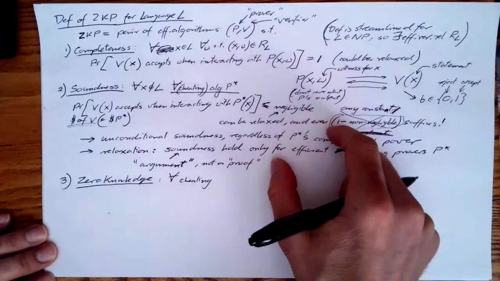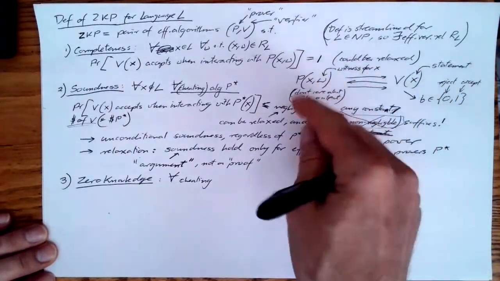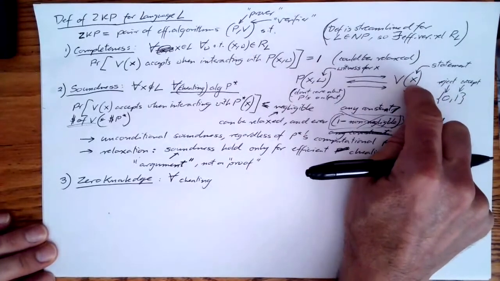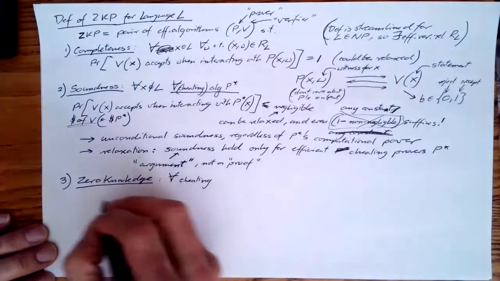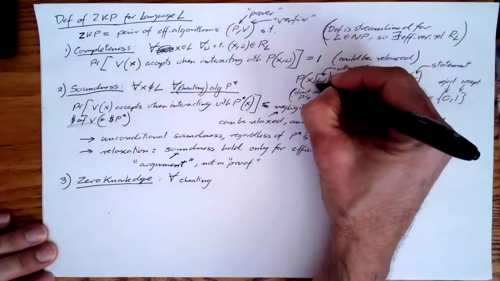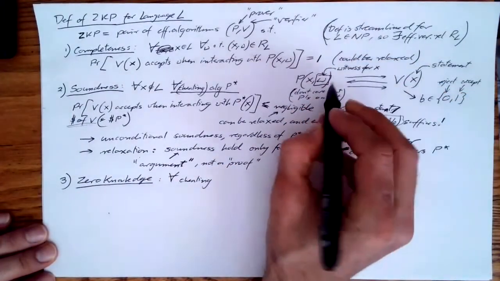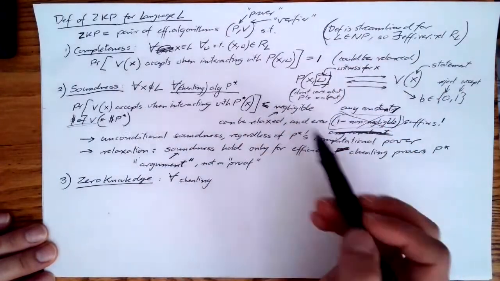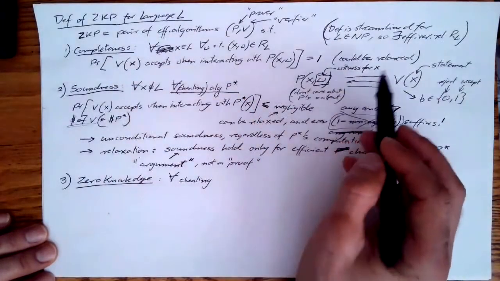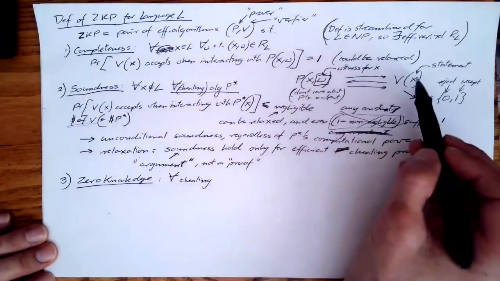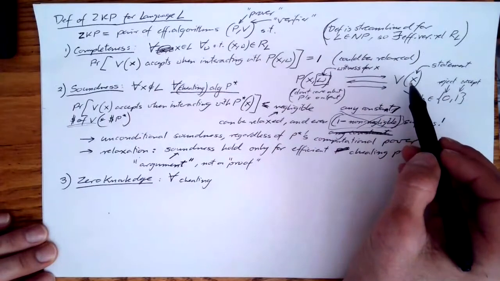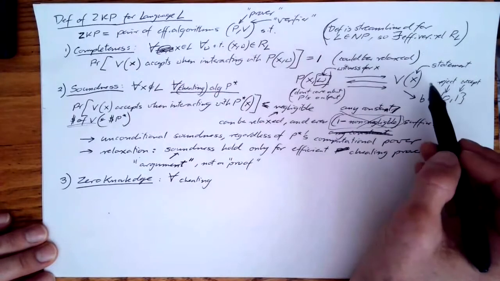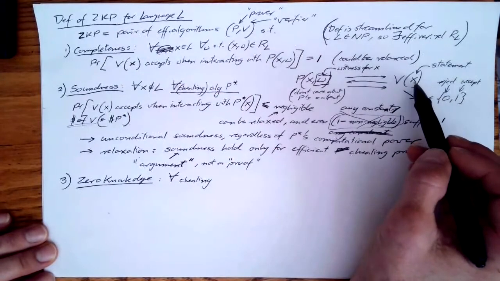And the soundness property says no way of cheating can convince the other party that the statement is true. What zero knowledge is concerned with is the privacy property on this witness. Because here is a trivial protocol that is a proof system for NP: just send the witness over to the verifier. You can always do it because you have it. And this will allow the verifier to efficiently decide whether it exists in the language.